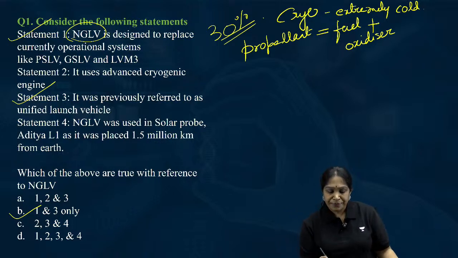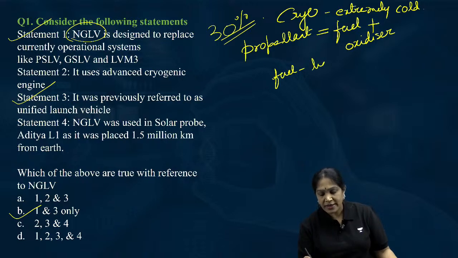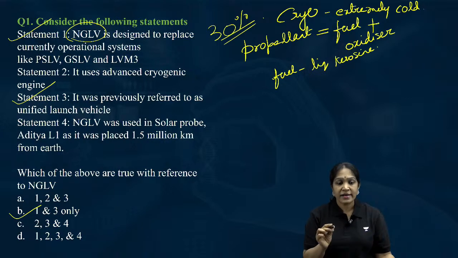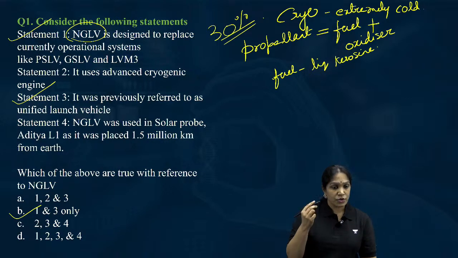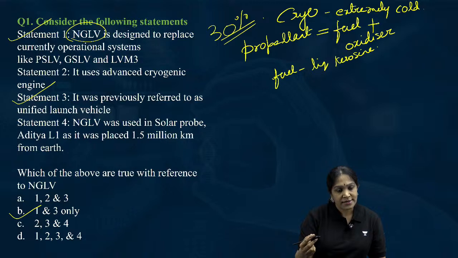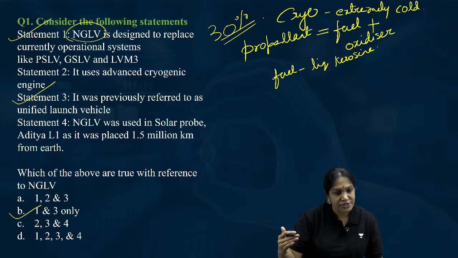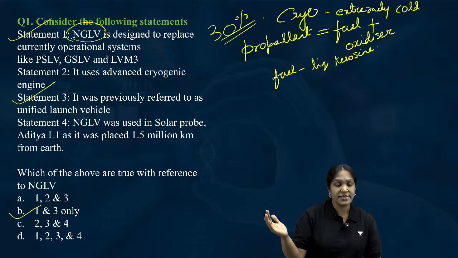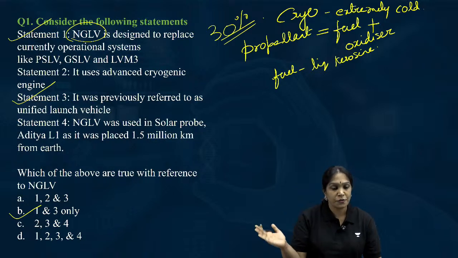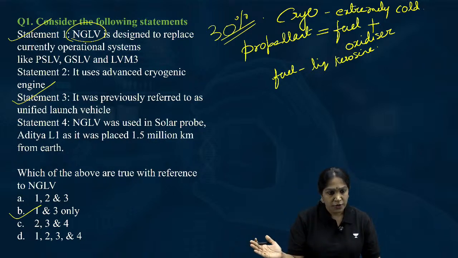Okay. Here, the fuel we use is kerosene, liquid kerosene. Yes, tell me, is liquid kerosene cryogenic? Should we maintain kerosene at extremely low temperature, like minus 196 degrees centigrade or minus 245 degrees centigrade? No need. So, this is liquid.